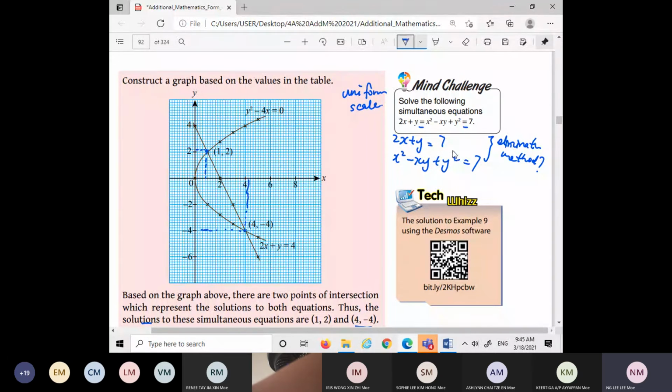For this I would choose to use substitution, which is easier. But I would like to know also if the elimination method can be used to solve this or not. If anyone comes across it, then next lesson, which is Monday, you tell me whether this one can be solved by using any of the elimination methods or not.